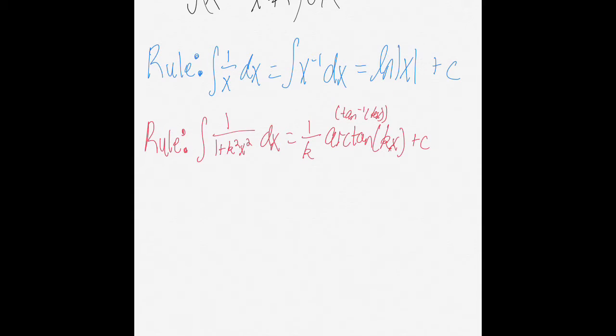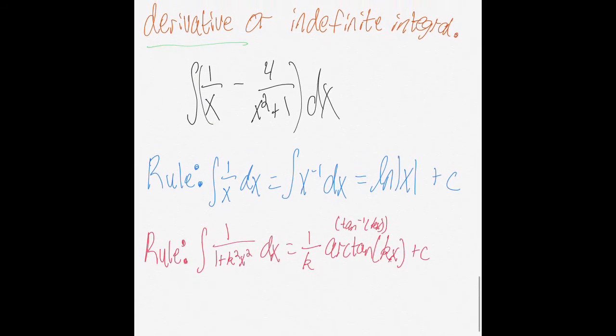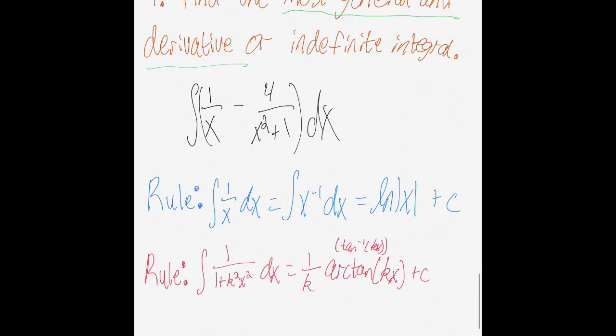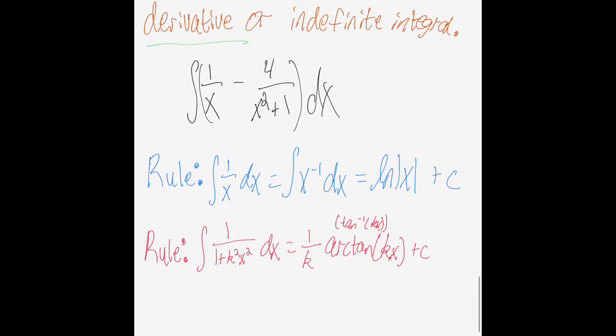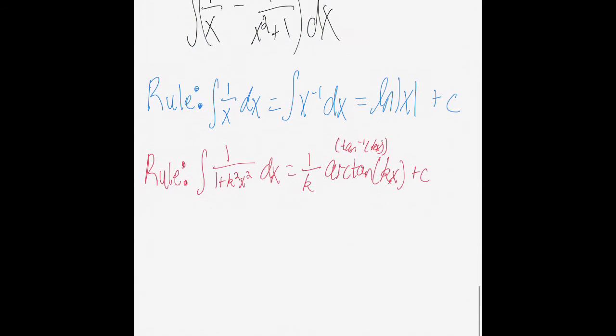I prefer writing arctan because we had a conversation someday about how arctan is not the same as 1 over tangent. That's why I like writing arctan. To me, that notation is more clear than tan to the negative first. But they technically mean the same thing, so whichever you're comfortable with.